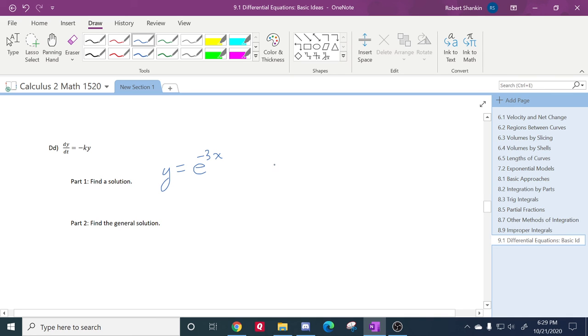So then y prime would be negative 3 e to the negative 3x, and the k in this case you're using as 3, and so then you're going to get this negative extra sign over here.